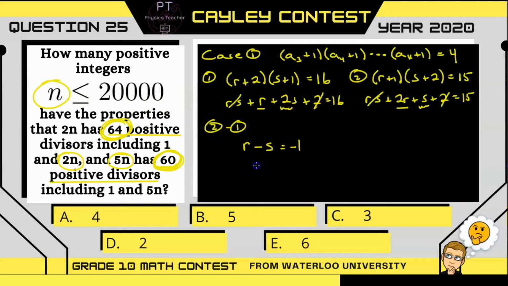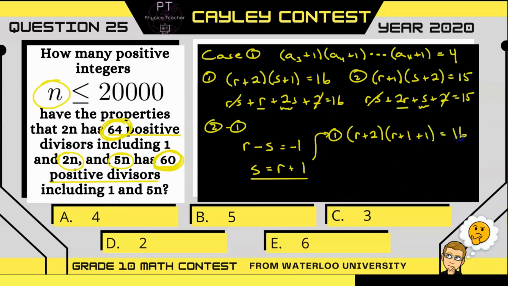So rearranging, I can say s is just going to be equal to r + 1. Now I'm going to take this value for s and substitute it back into equation 1. So that's going to give us r + 2, and then s is now r + 1, and then I have this plus 1 again, is all equal to 16.